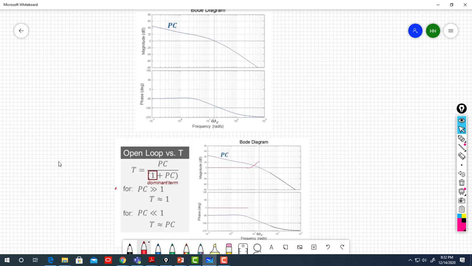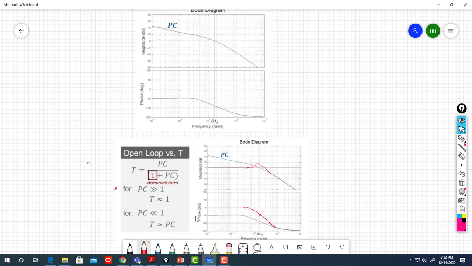And maybe in between it looks like this. Also for the phase, maybe it is like this, at minus 90.